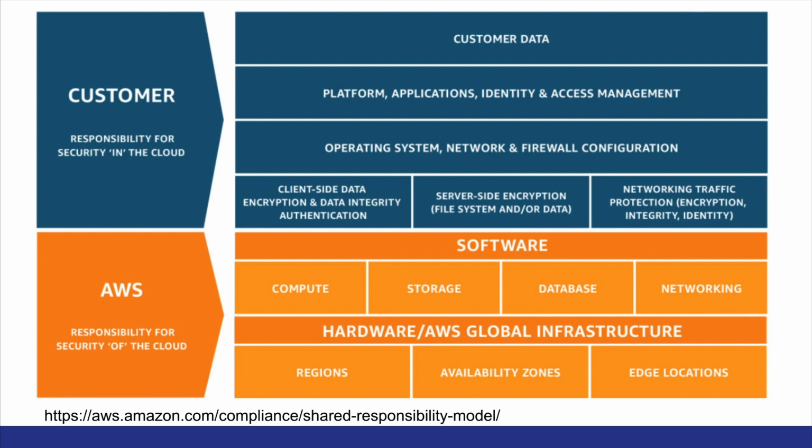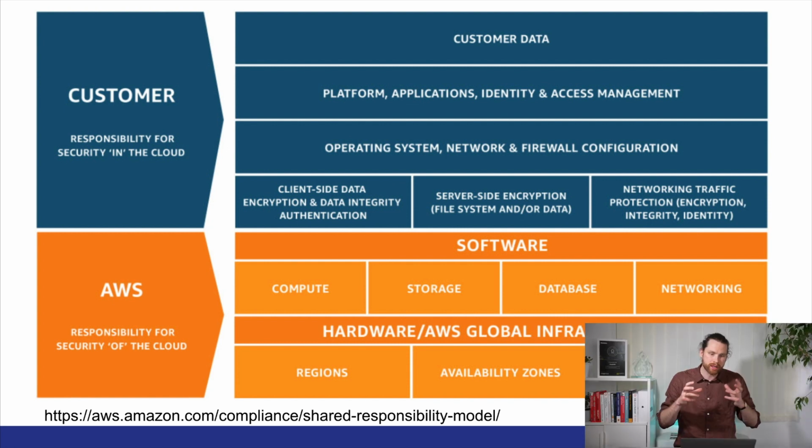So if we go to the AWS console, we can download these more than 100 different security and other certificates that AWS has. So we take this AWS security of the cloud part as a given in this video, and we will focus more on the customer side, because this is the part that we can do anything with. So let's talk a little bit about security in the cloud.